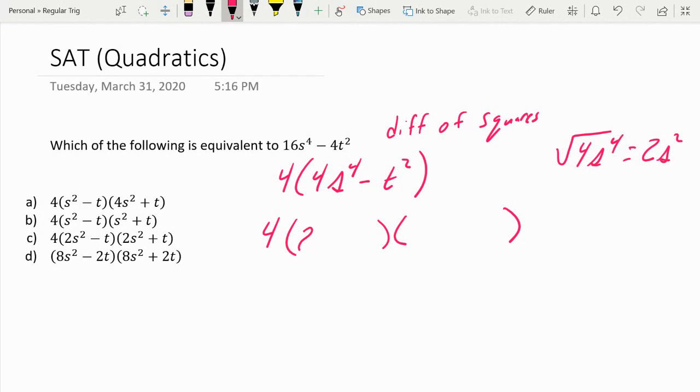So the pattern is going to be 2s squared, 2s squared, one plus and one minus. And then I have the square root of t squared, which is equal to t. And if you look, here's our answer. So the answer is going to be C.